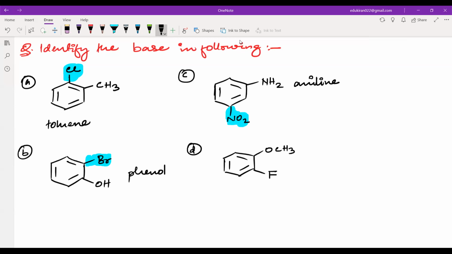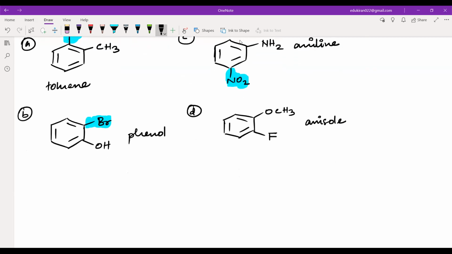What will be the base here? Anisole. Okay, anisole. Anisole and aniline. Yeah, one more that is difficult that people usually forget.